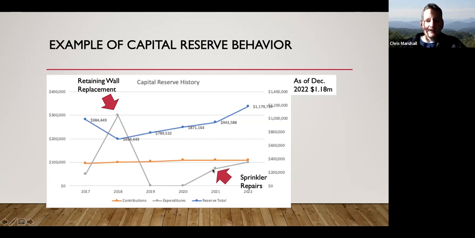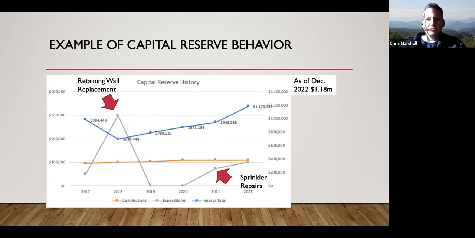And just for modeling purposes, I'm expecting that this line will rise over time. So again, this is an example. I used as many real numbers as I could find, but again, we don't know what the future is going to be. So let's take a look as we move forward.